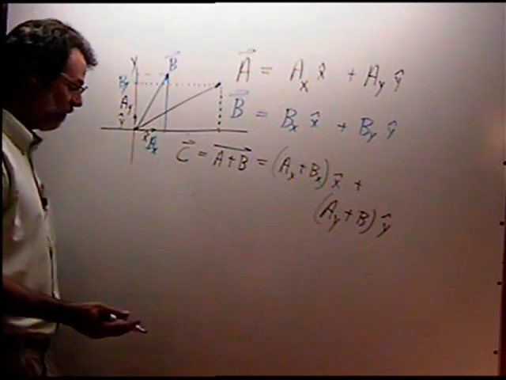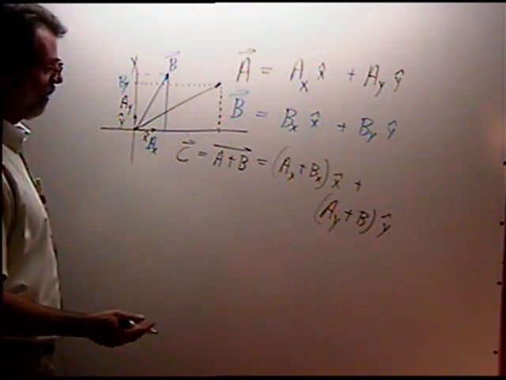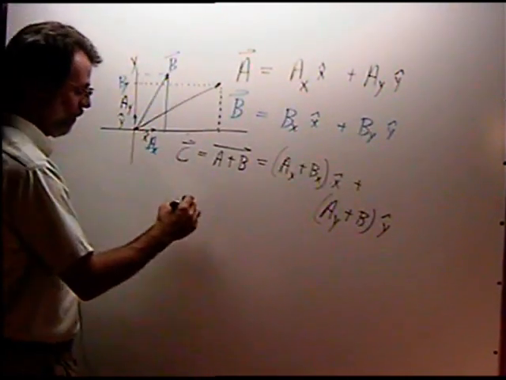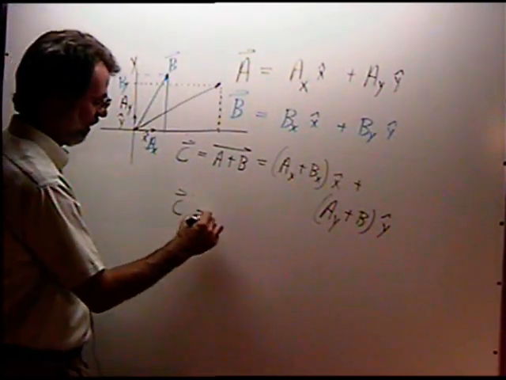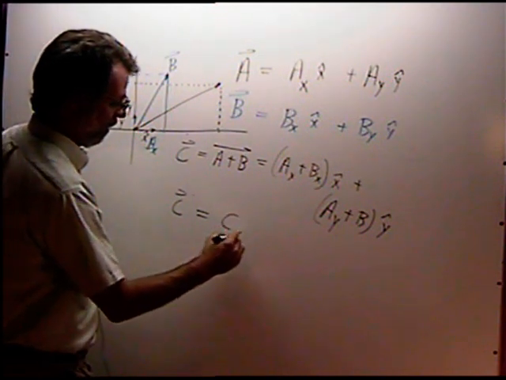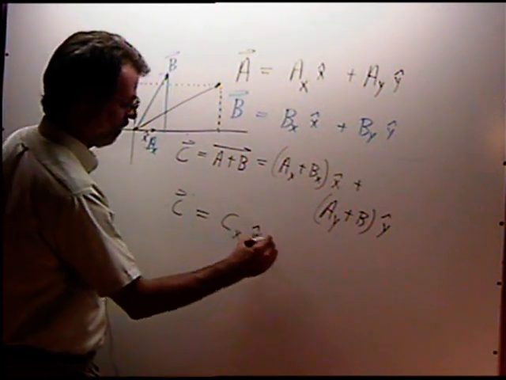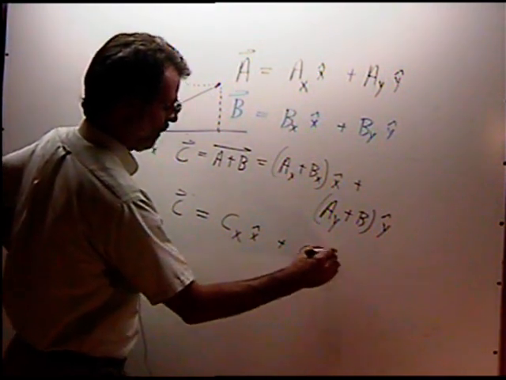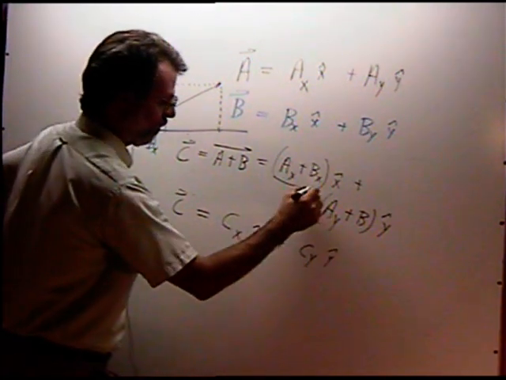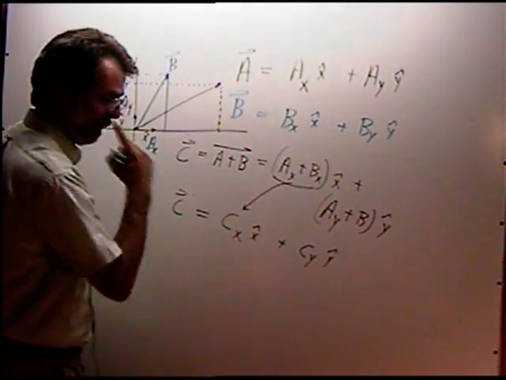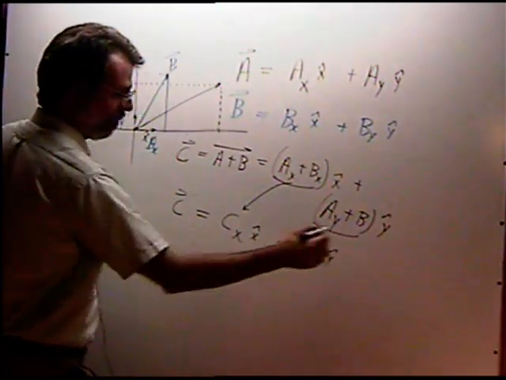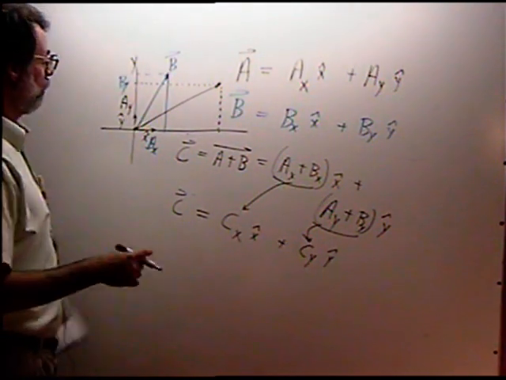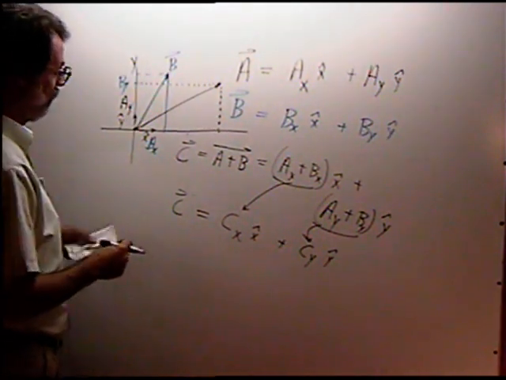So that's how we add it up algebraically, and so the new vector C is cx in the x direction plus cy in the y direction, where ax plus bx is cx and ay plus by is cy. Okay, that should be pretty obvious.